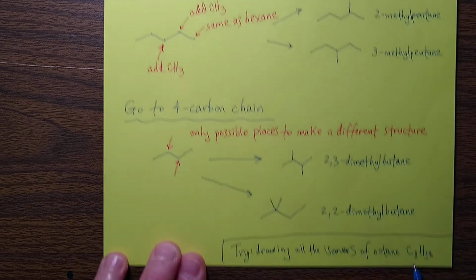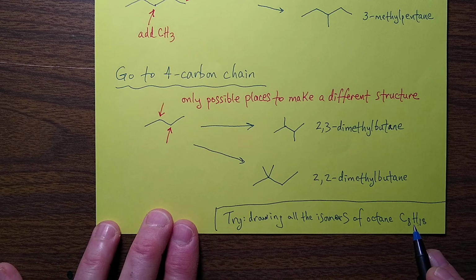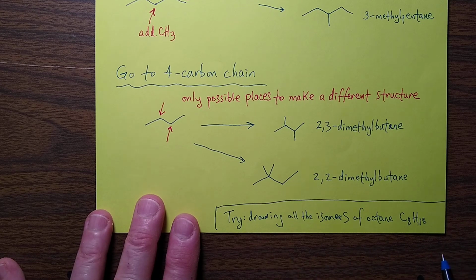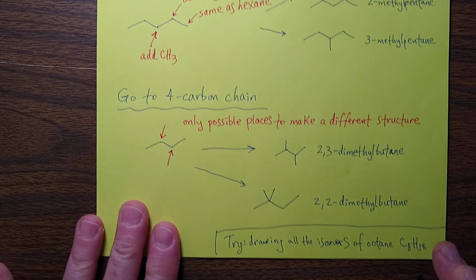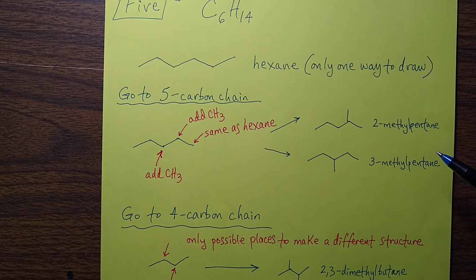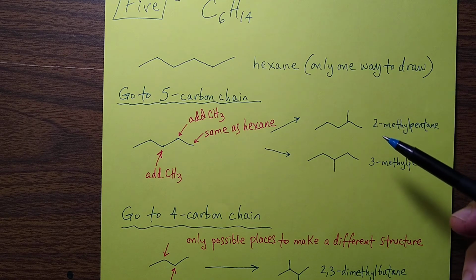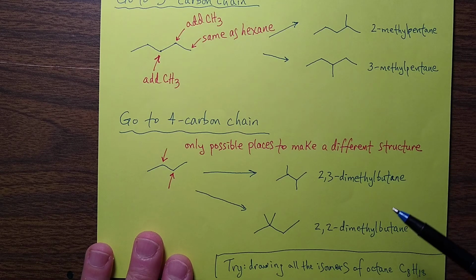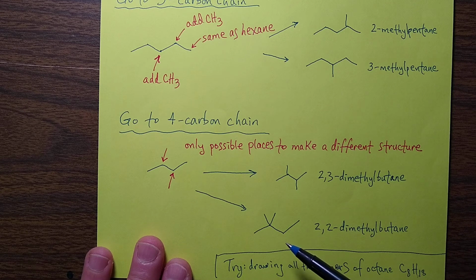I'm not sure how many isomers octane has, probably more than 10. Just see, that would be good practice for you, though. This is how you attack a problem like that. It's good practice for you to not only learn how to draw molecules, but how to recognize molecules when they're different, and use your 3-dimensional skills.